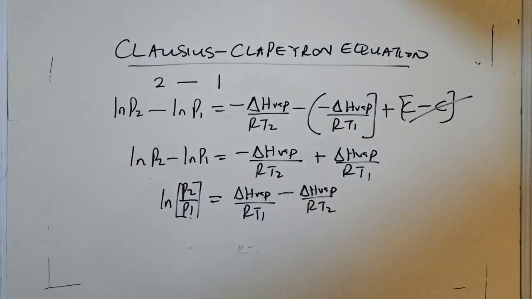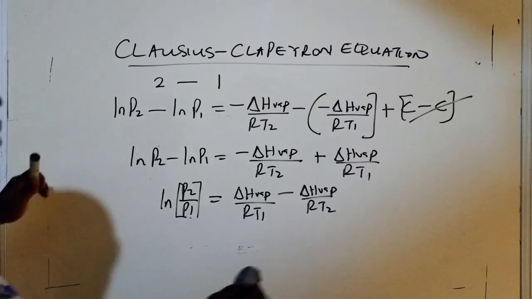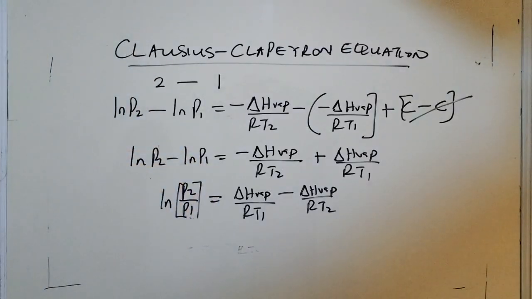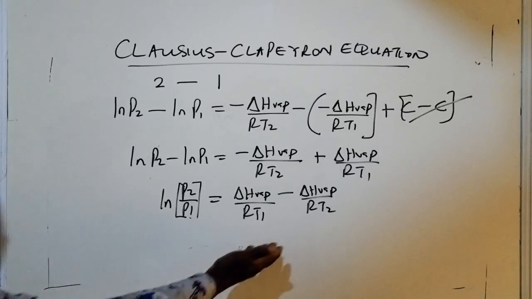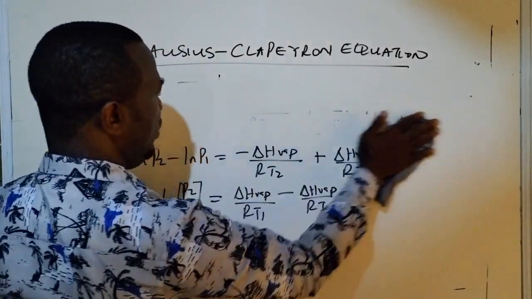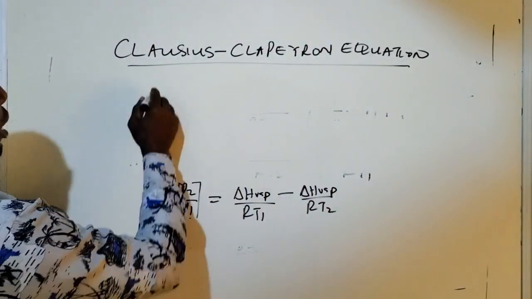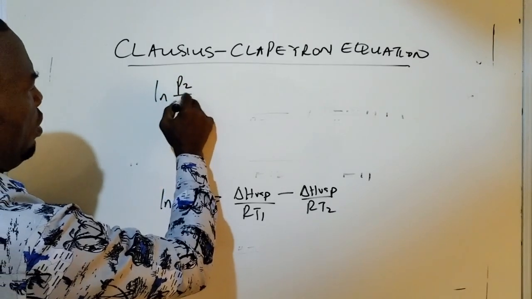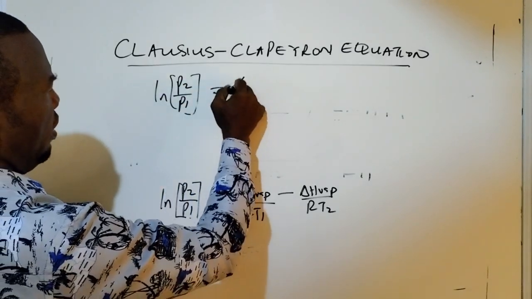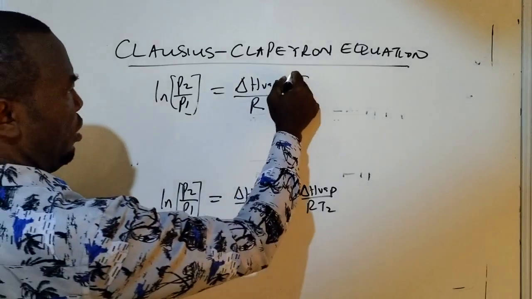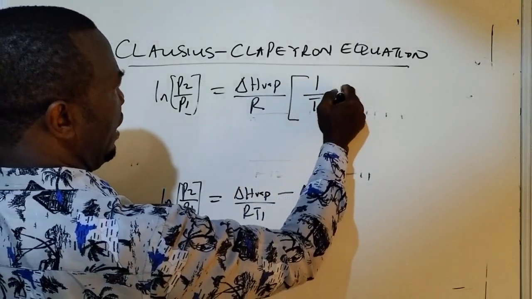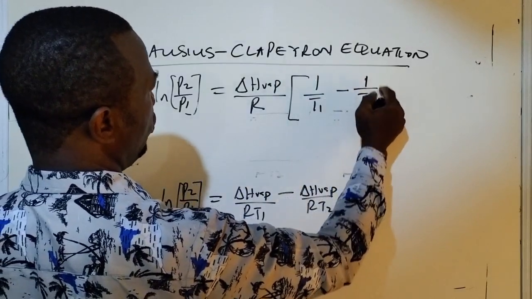So, having done that, we can now factorize the right hand side. We now have natural log of P2 over P1 equal to ΔH vaporization all over R, in bracket, 1 over T1 minus 1 over T2.